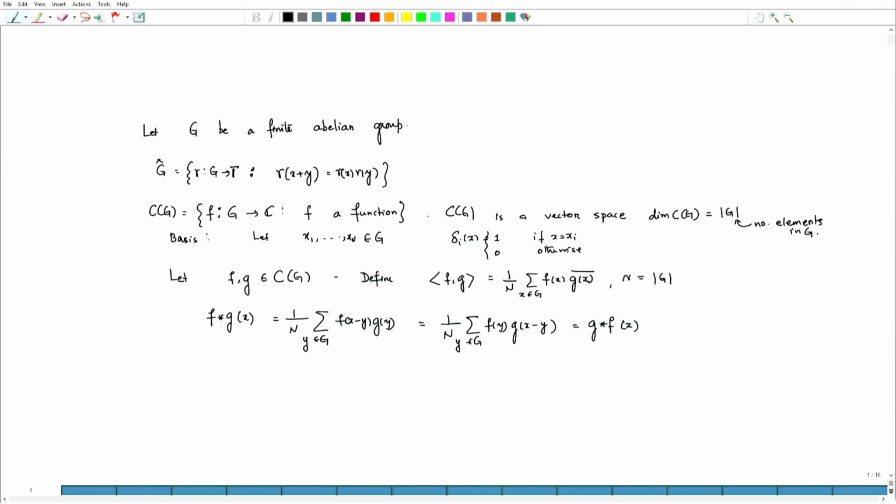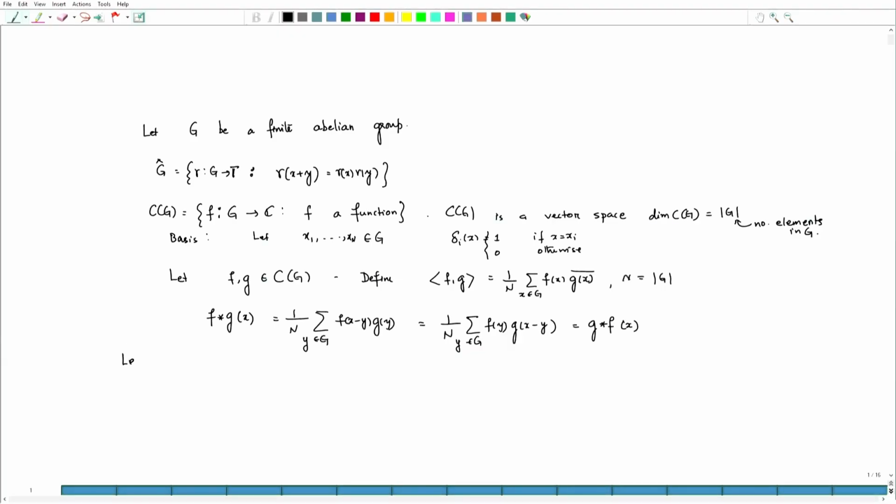If we want an analogy with what we have done for 2 pi periodic functions and Z n, the characters there form an orthogonal set, that is, they are mutually orthogonal.